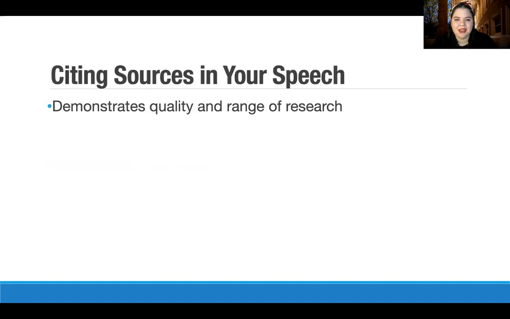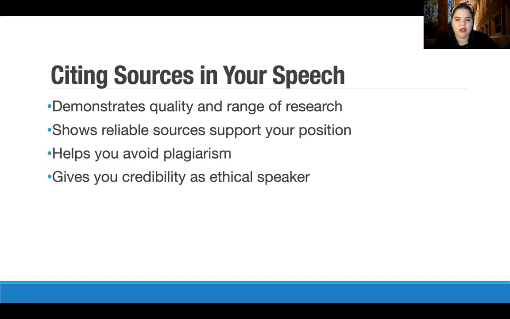Okay, we're citing sources in our speech. First, we're going to demonstrate quality and range of research, which means that you're not just citing one paper over and over and over. Show reliable sources that support your position. It's going to help you avoid plagiarism, which is really important. And then it gives you credibility as an ethical speaker.